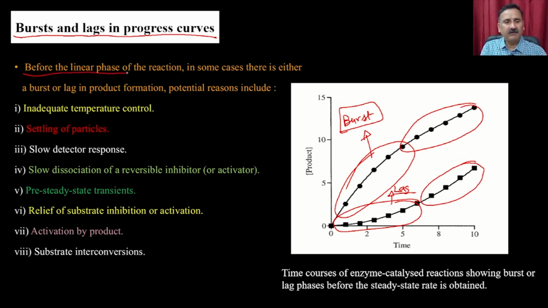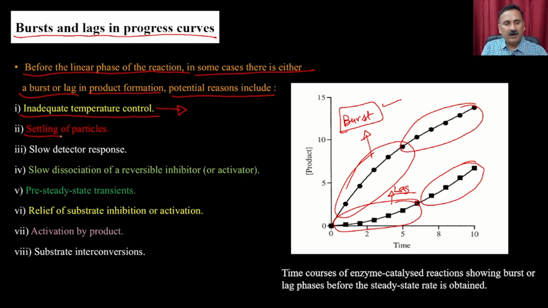So before the linear phase of the reaction, in some cases, there is either a burst or lag in the product formation. And the potential reasons include inadequate temperature control. Sometimes the temperature is not isothermic, so it could be very high in the case of burst, or very low in the case of lag. So that is also going to control the activity of the enzyme.